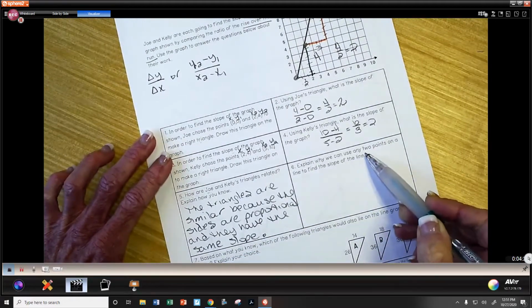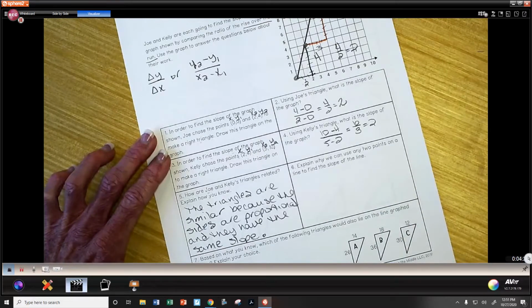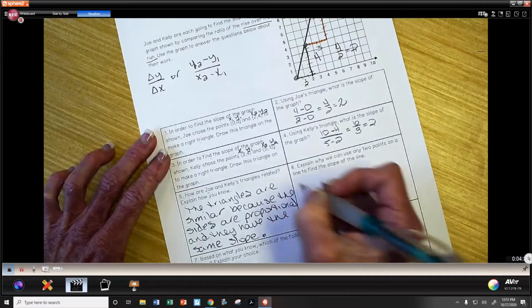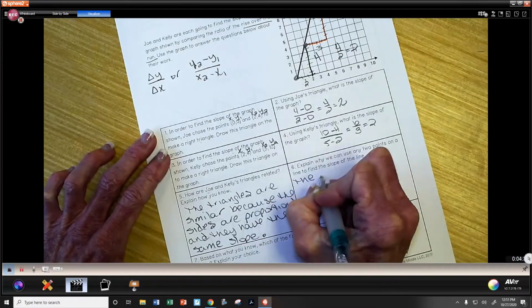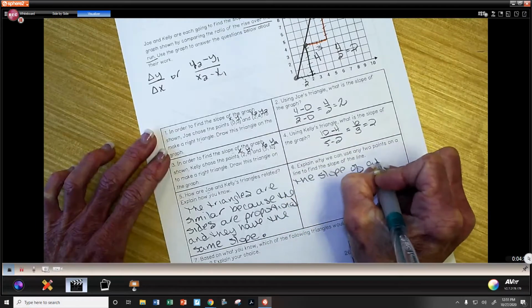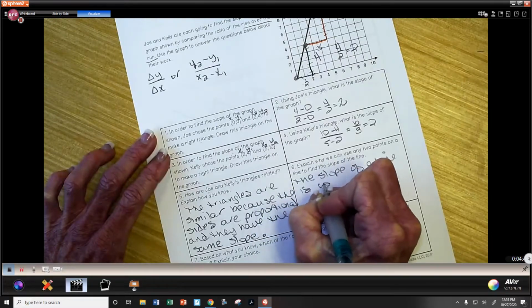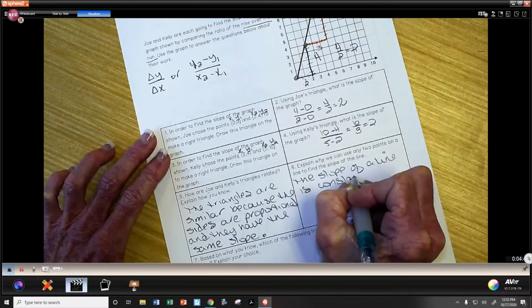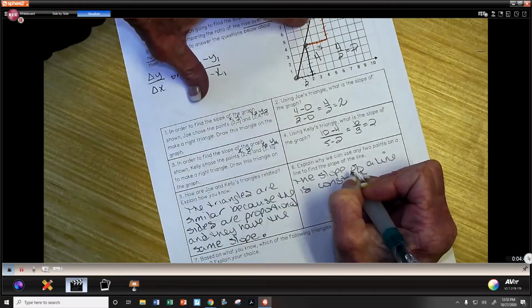Explain why we can use any 2 points on a line to find the slope of a line. Okay, the slope of a line is constant. Notice how it's a straight line, right?